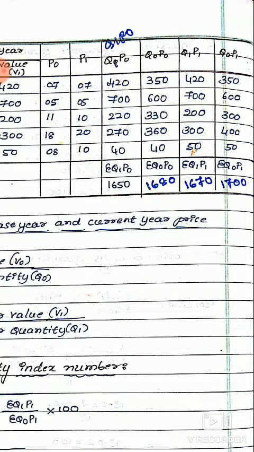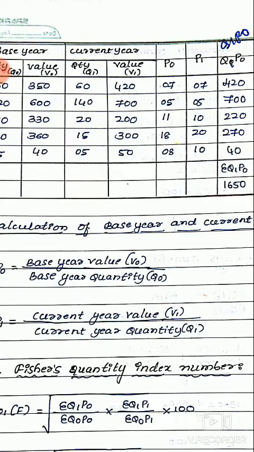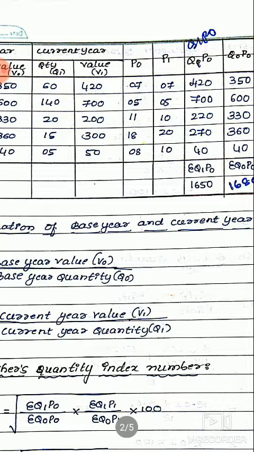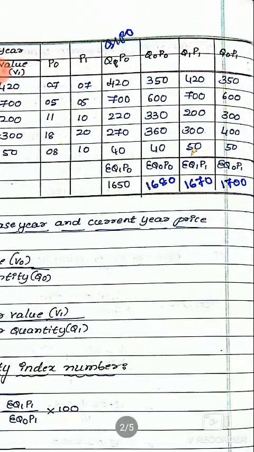The first calculation Q1 P0, I mean the current year quantity into base year price. So the current year quantity is 60 and the base year price is 7. We get 420. Like this, 700, 220, 270, 40. These are the values of Q1 into P naught, and make the total of that.